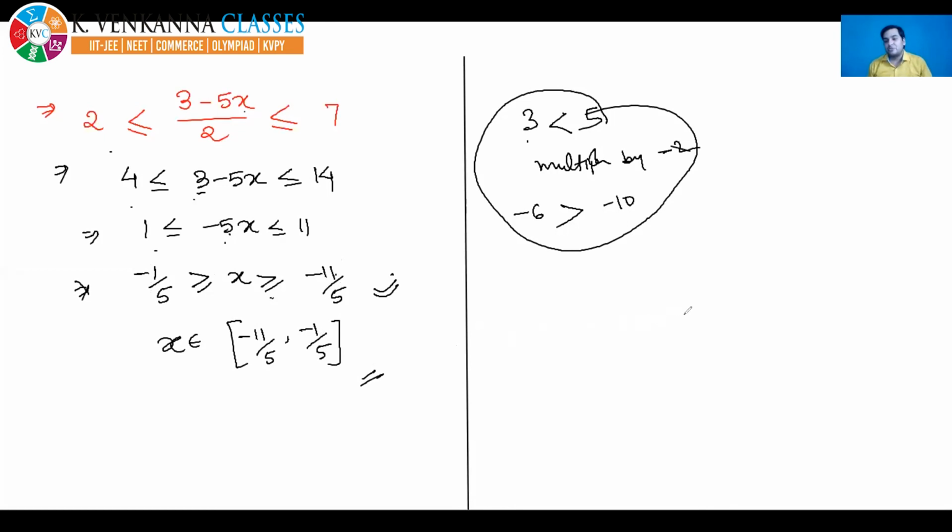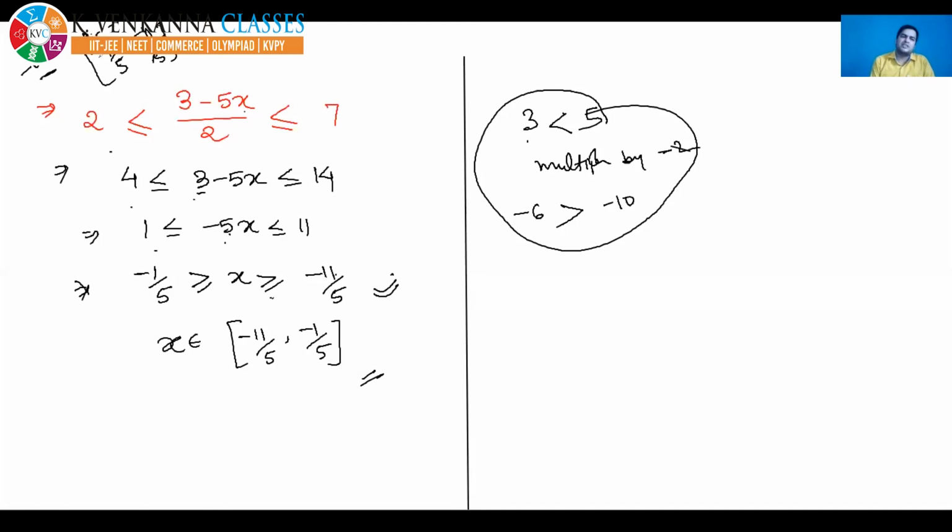Students got the correct answer, but they were writing it like -1 by 5 to -11 by 5, which is not correct. The smaller number is written on the left and the greater number on the right. This is a greater number, this is a smaller number. You can check: -1 by 5 is -0.2 and -11 by 5 is near about -2 point something.